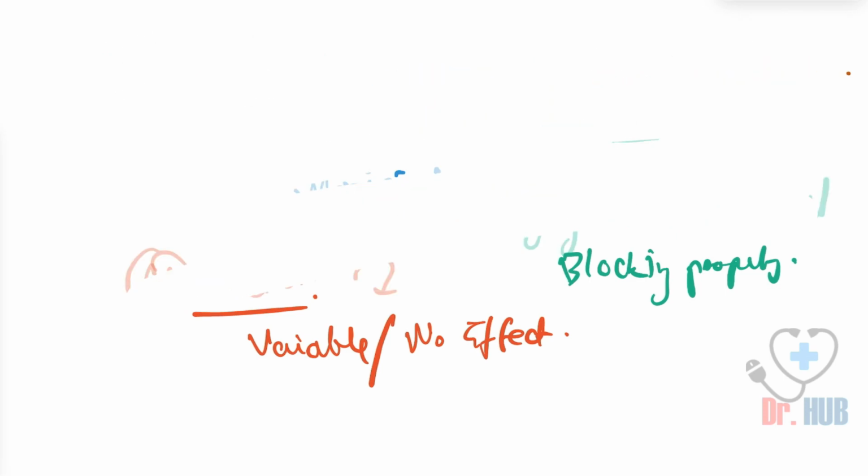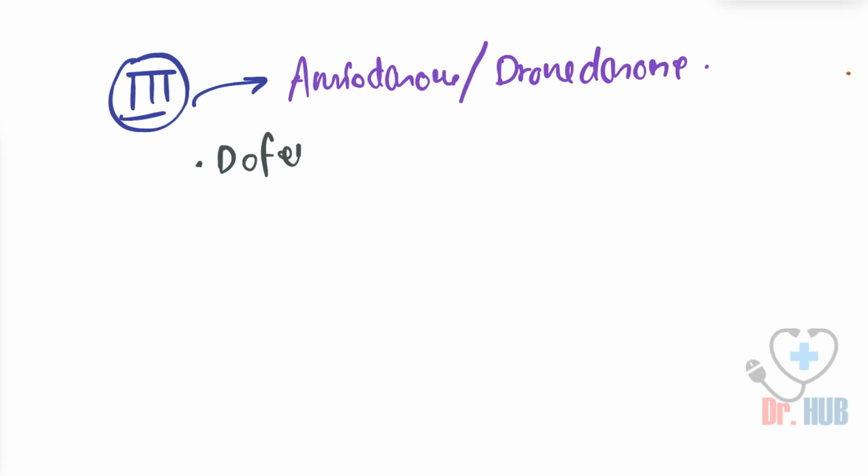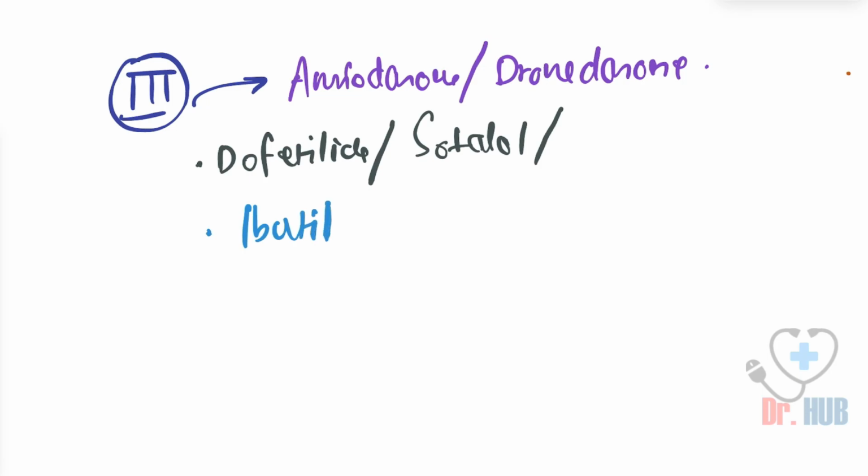Now moving on to the last question. The last question we asked was, what about class 3? What are the drugs, the mechanism, and the effect on the action potential duration? Class 3 includes amiodarone, dronedarone, dofetilide, sotalol, ibutilide, and vernakalant.